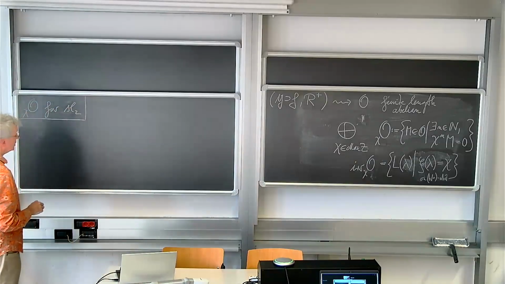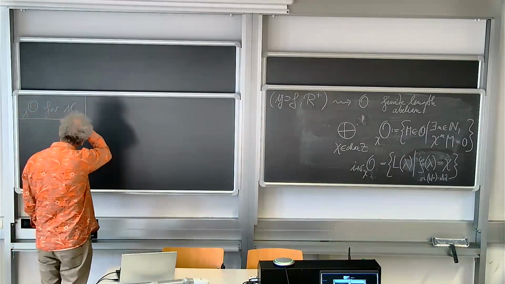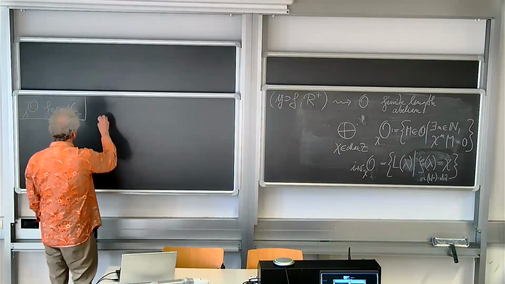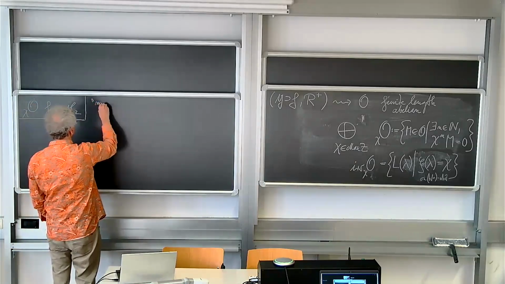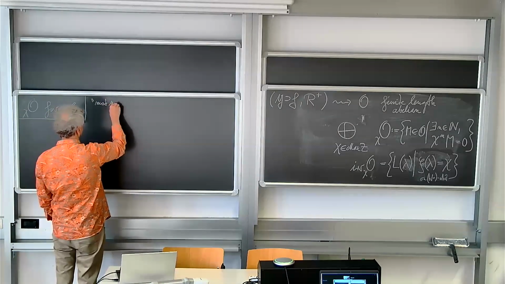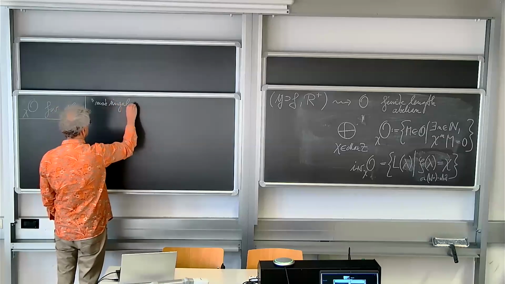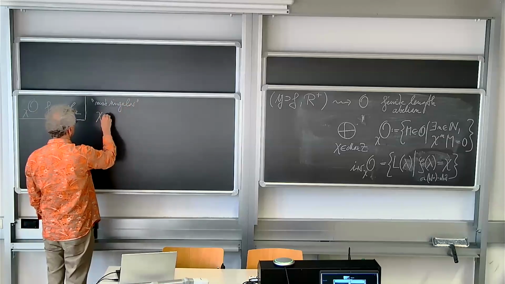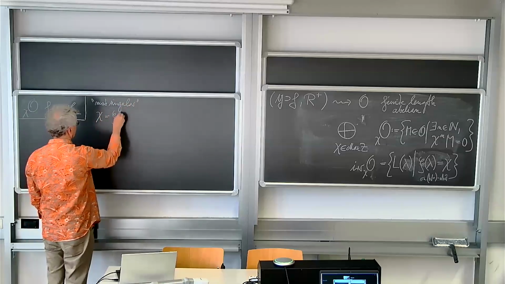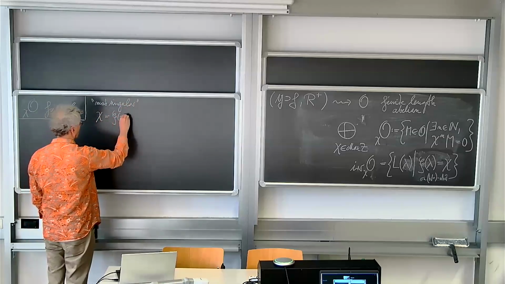There's one special case, the most singular, which is the usual terminology, which means that chi is psi of minus rho.